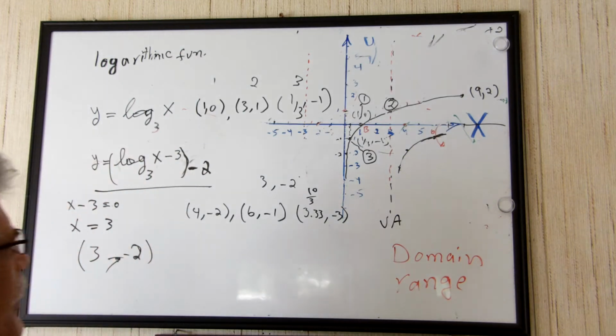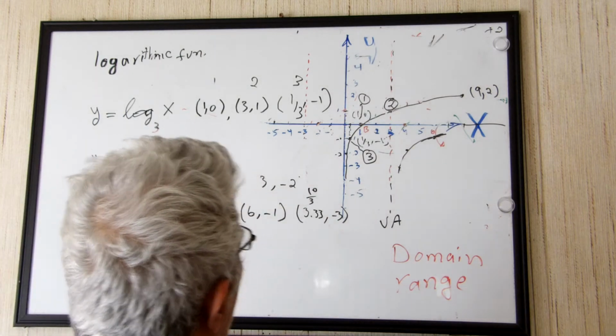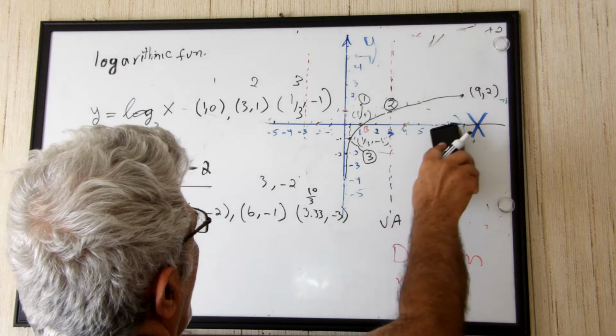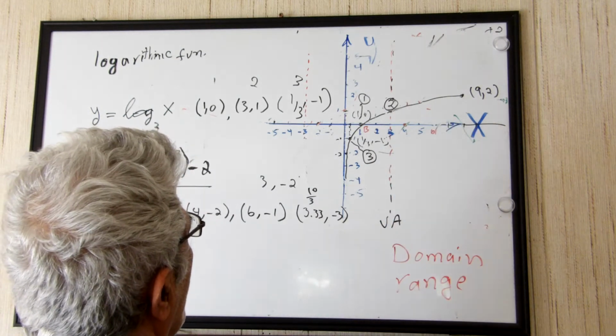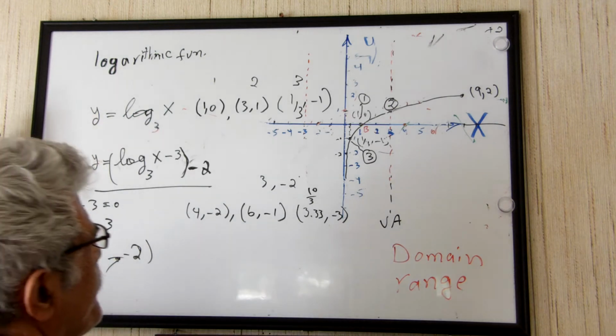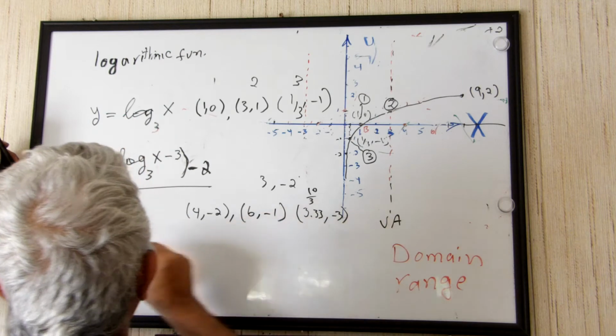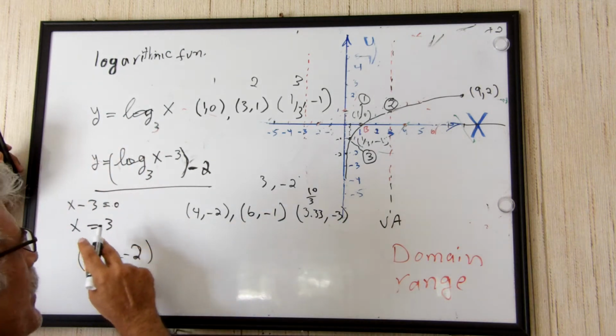Now let's graph the new points. We say that the asymptote is x equal to 3, okay?